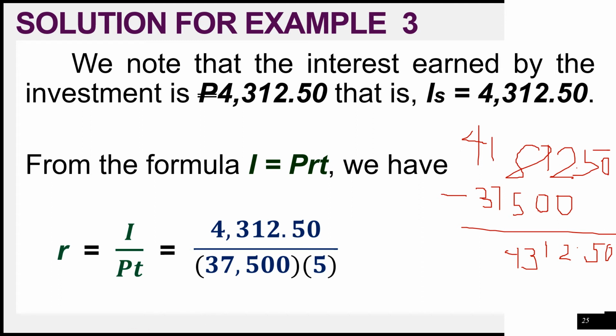Then we have 0.023. Now, since this is in decimal form, we are going to convert this into percent form. We can do that by multiplying 0.023 by 100.